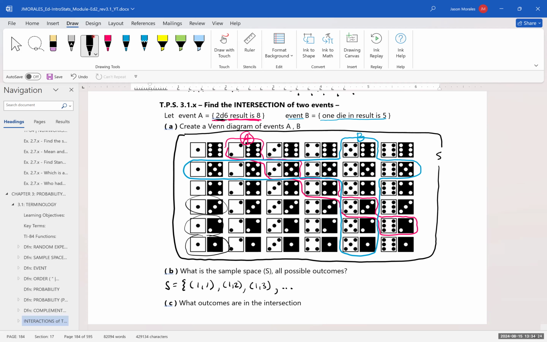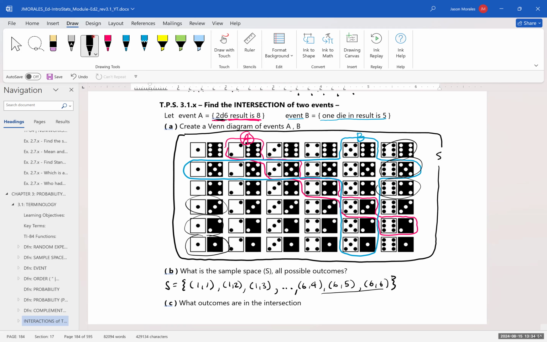So we've got 6, 4, which is this one, 6, 5, which is this one, and then 6, 6, which is this one. So instead of doing all the options in between, if the pattern is obvious, you can put dot, dot, dot to mean I keep going through that pattern, and then this is where I end up.